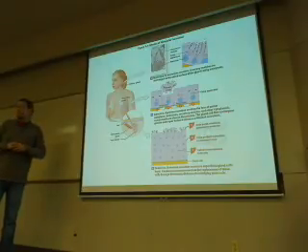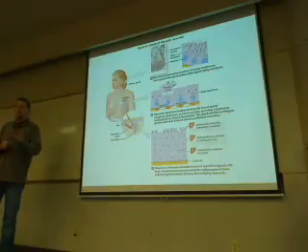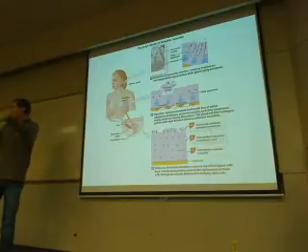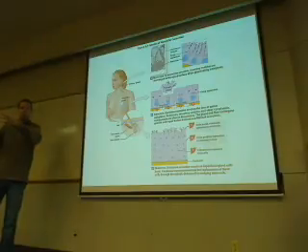So we have our smooth and rough endoplasmic reticulum. In the rough ER we make proteins, and in the smooth ER we modify lipids and carbohydrates and things, and we produce all of these. And then what we do is we move them to the Golgi apparatus where we store them. And so if we need to secrete something, we're going to secrete what's stored in that Golgi apparatus.